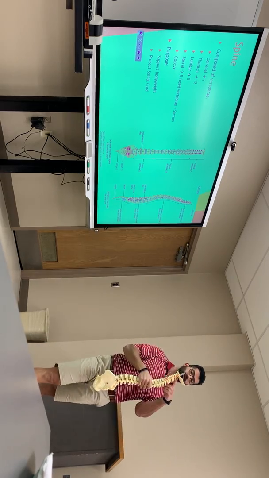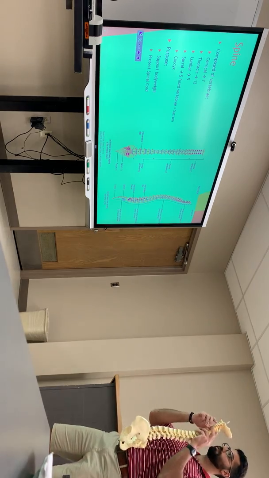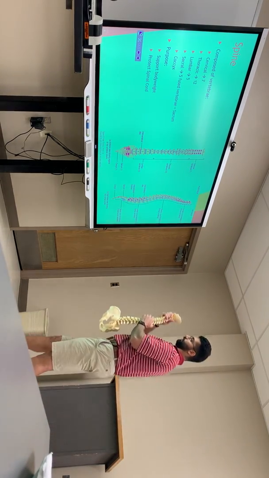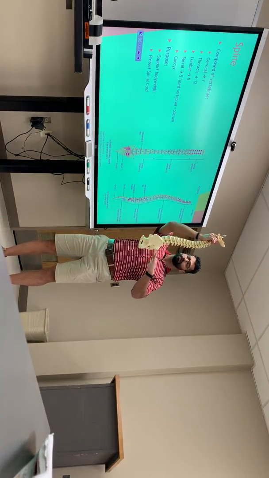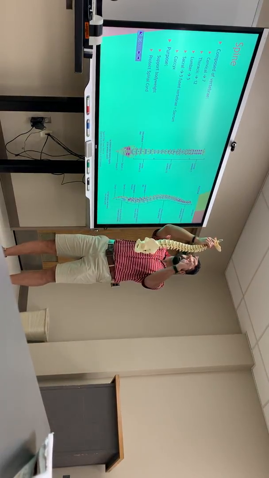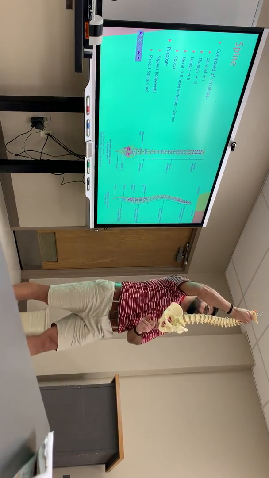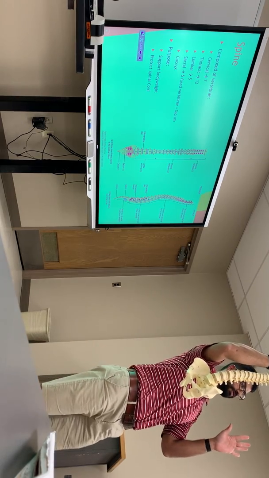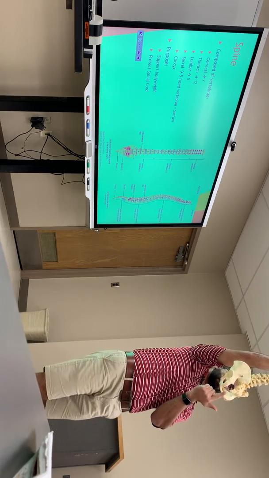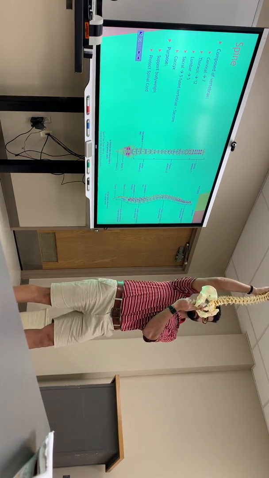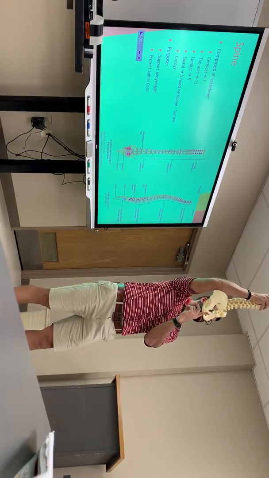The part for the neck is called cervical, formed by seven vertebrae. Then thoracic, 12, and then lumbar, 5, and the sacral part is formed by five fused vertebrae. We call it just one, sacrum, and then the coccyx. Don't forget coccyx, or the tailbone.